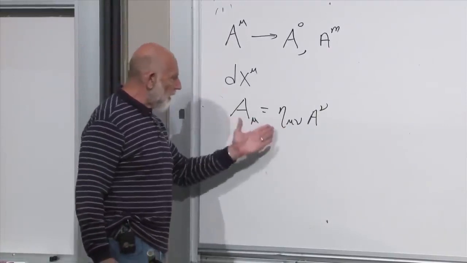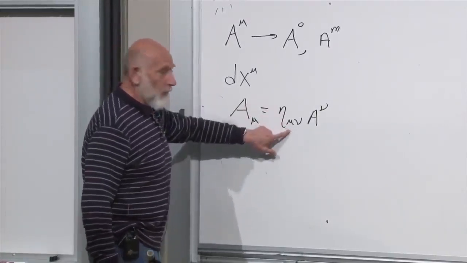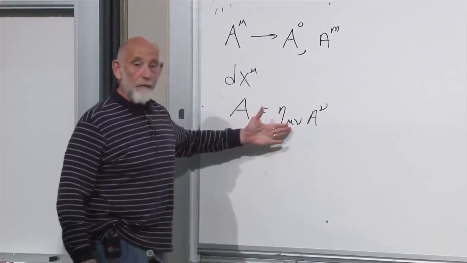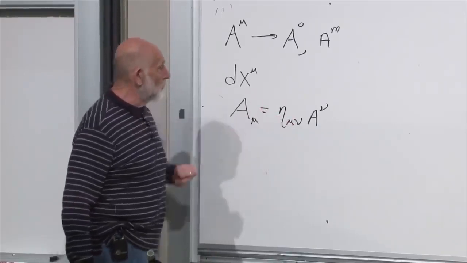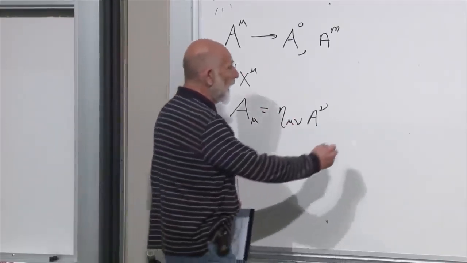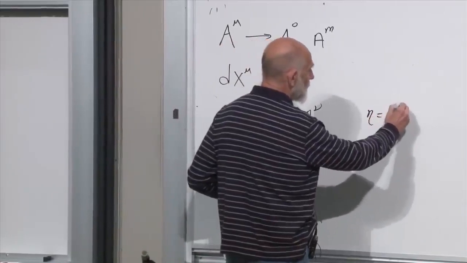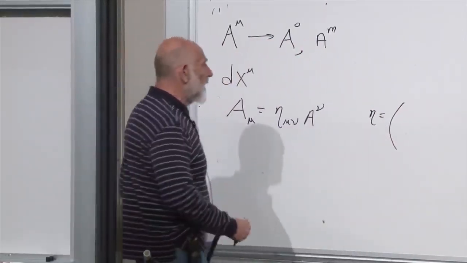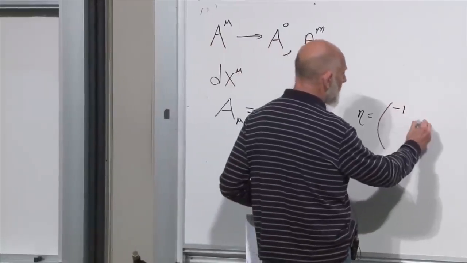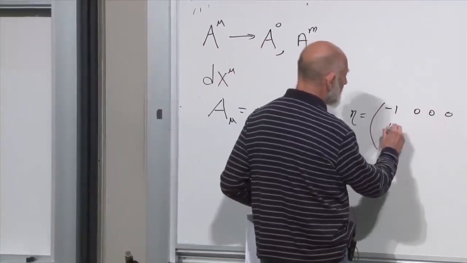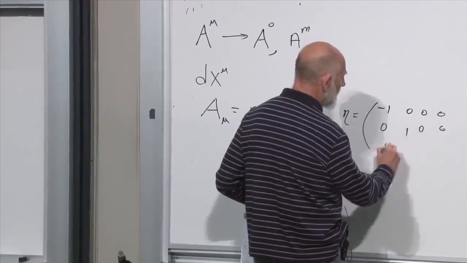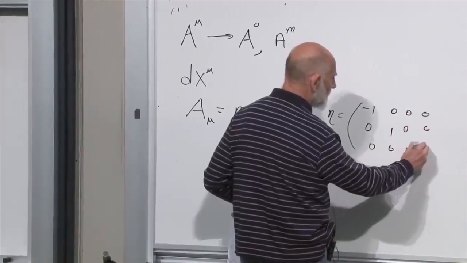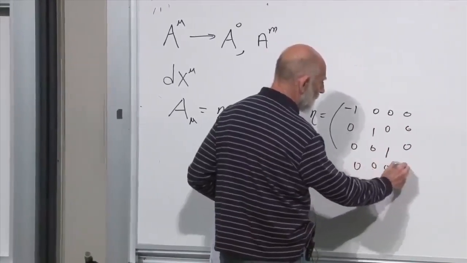η_μν is a collection of numbers. It forms a matrix, a 4 by 4 matrix, because μ and ν go from 0 to 3. And η is just the matrix. Its components, η_11, η_01, whatever, are just the components minus 1, 0, 0, 0, 0, 1, 0, 0, 0, 0, 1, 0, 0, 0, 0, 1.